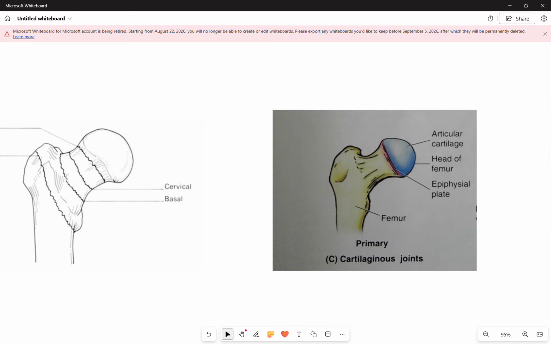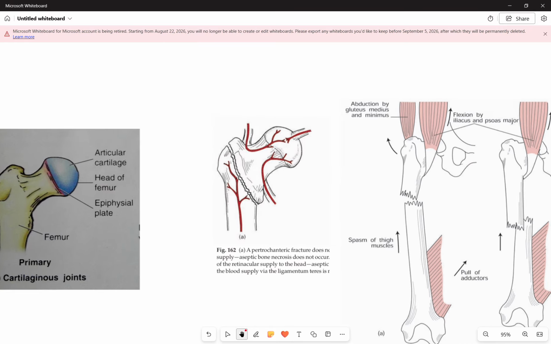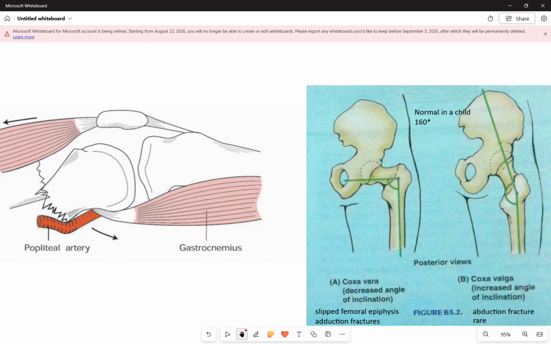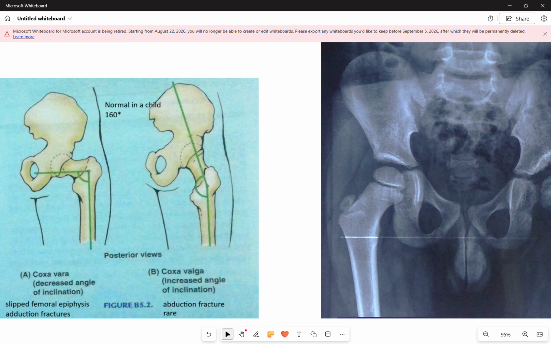So that's the slipped epiphysis, this is the epiphysis, and that's the head, which I've shown you over here in the X-ray of a child. You can see it very easily. That's the epiphysis, and that's the head. And if this slips, you can get avascular necrosis.